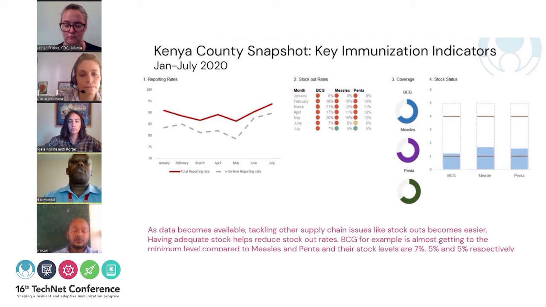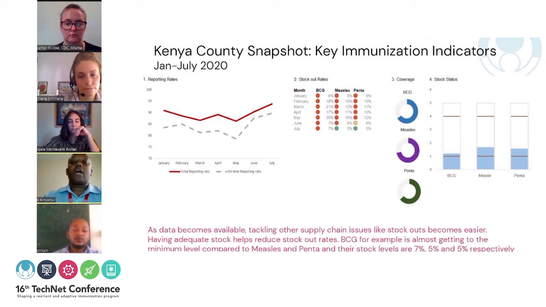So tracking reporting rates allows the impact team to measure the data availability and also availability of that data to inform supply chain decisions. Then we also track stock status to determine if the immunization supply chain is stocked according to plan.